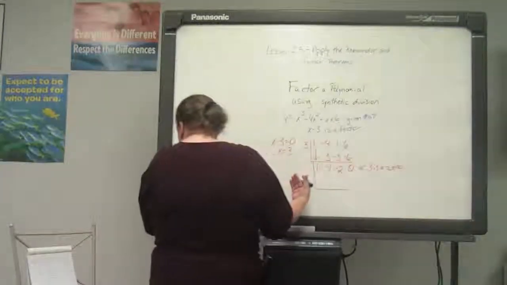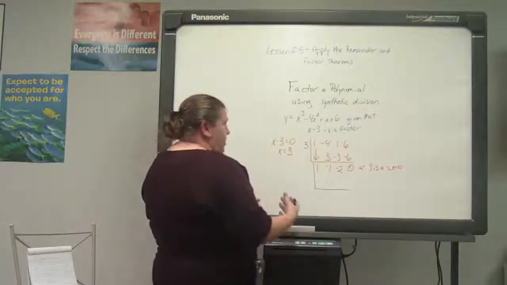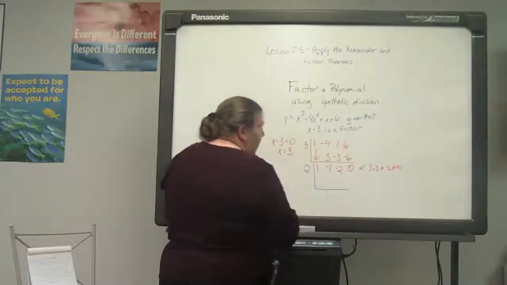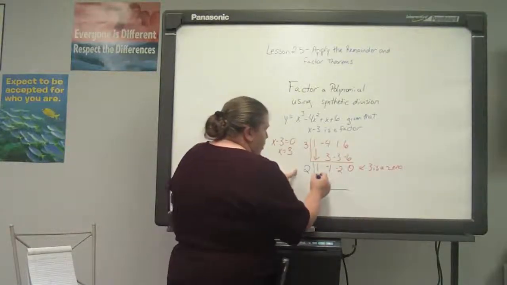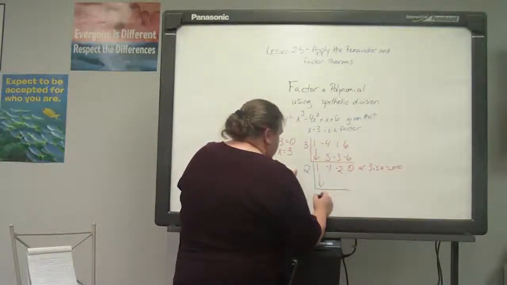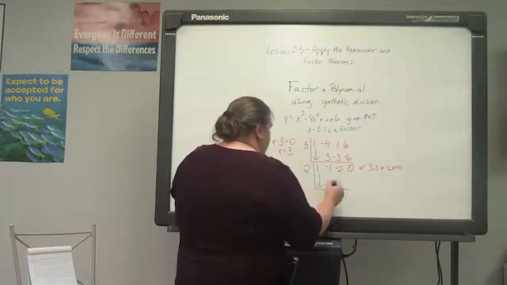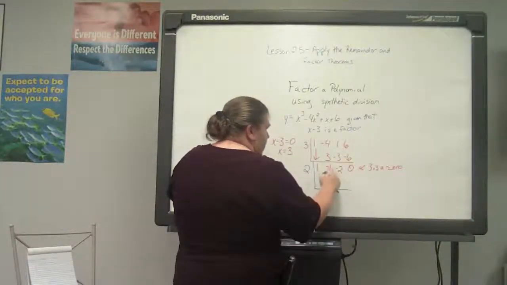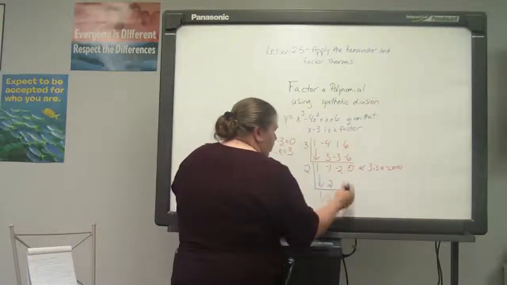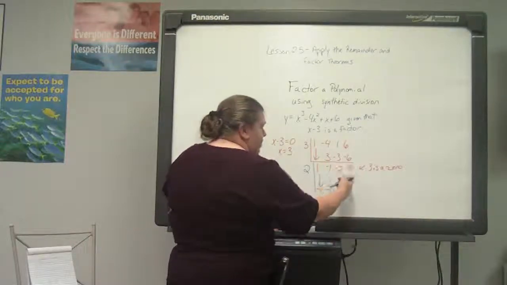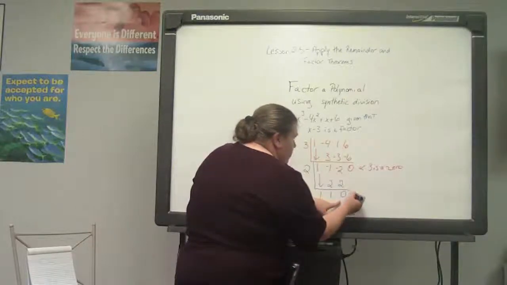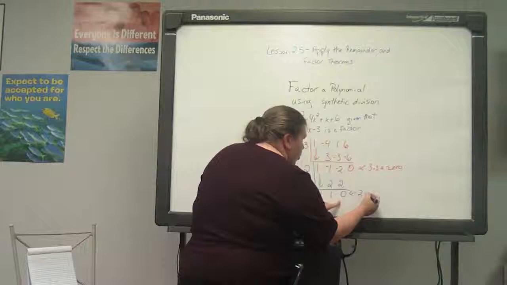For that regard, I can multiply 2 times 1, and so I'm going to put a 2 out here. I bring down my first, which gives me my 1. 2 times 1 is 2, and negative 1 plus 2 is 1, and then 2 times 1 is 2, and negative 2 plus 2 is 0. So again, we have that 2 is a zero.